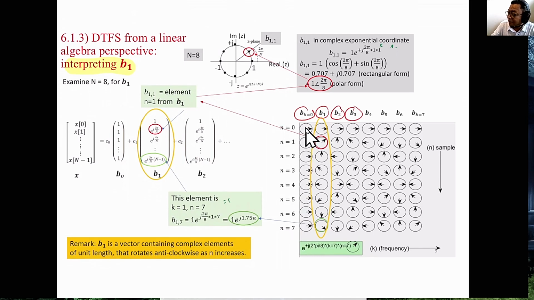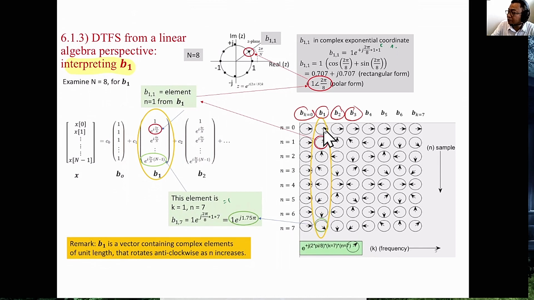Here the arrows basically show the position of the phasor, and you will see that for B0, from sample n equals 0 to 7, the phasor does not change, because B0 means there is no change of frequency. The frequency is 0 radian per sample. So the phasor remains constant from sample 0 to 7.